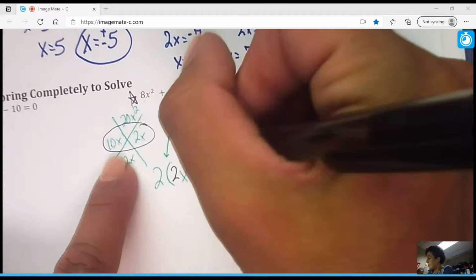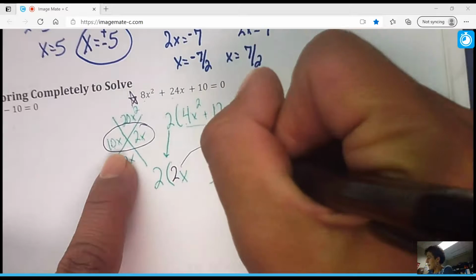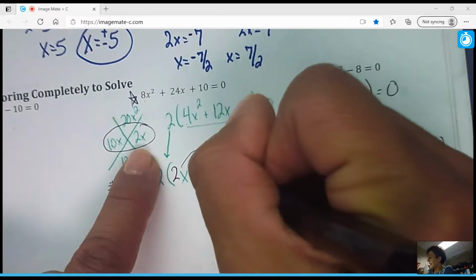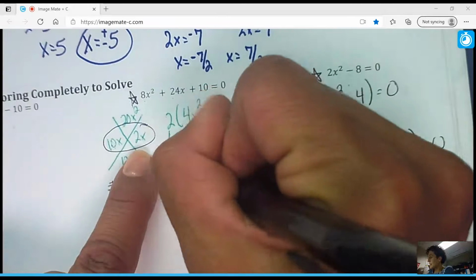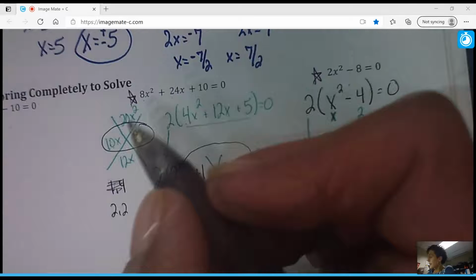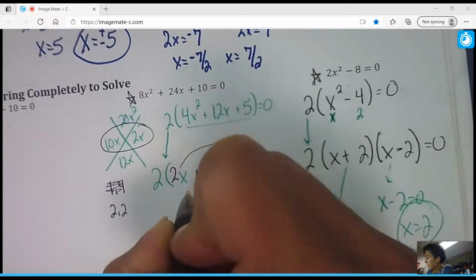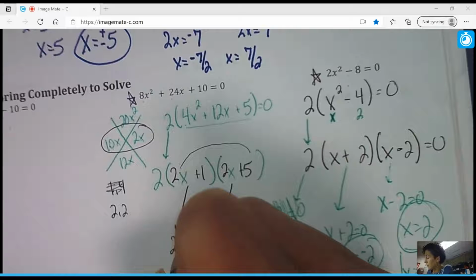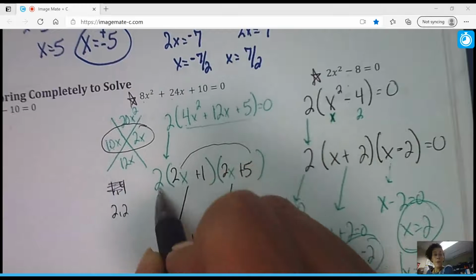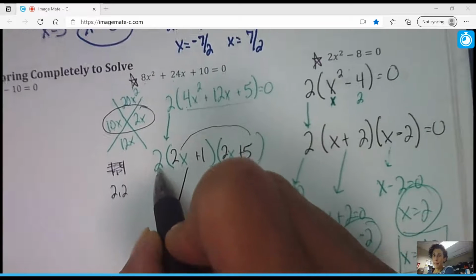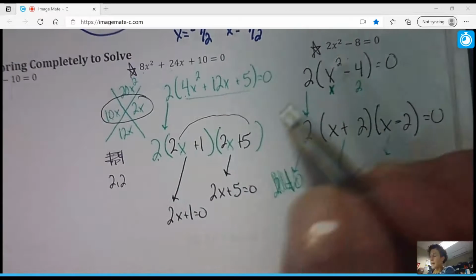And now I'll let this 2x times a positive 5 make 10x, and this 2x times a positive 1 make 2x. So again, I'm going to set this factor equal to 0. I'm going to set this factor equal to 0. And I won't bother with this one because this factor does not have an x in it. I only worry about the factors with an x.